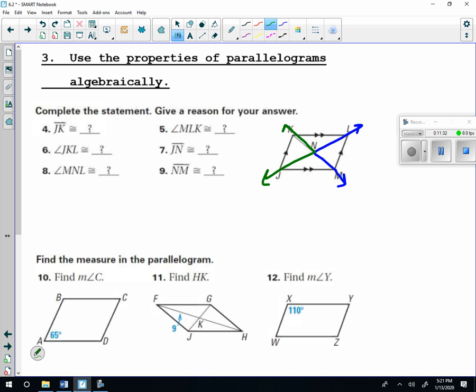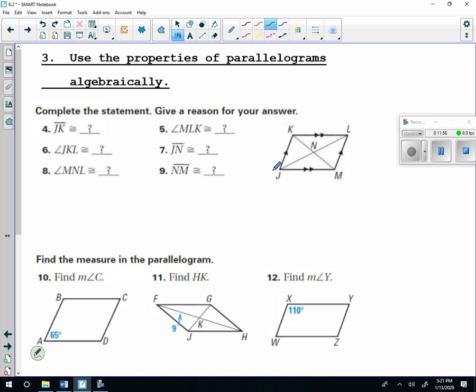So the blank for number 8 should read angle KNJ. In fact, those two angles are made by what we call bow tie angles, and they're called vertical angles. And vertical angles are always congruent. However, not a property of a parallelogram.